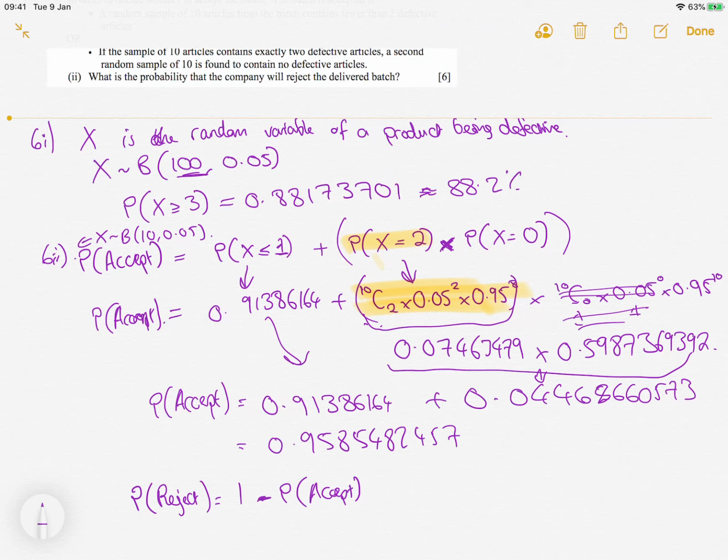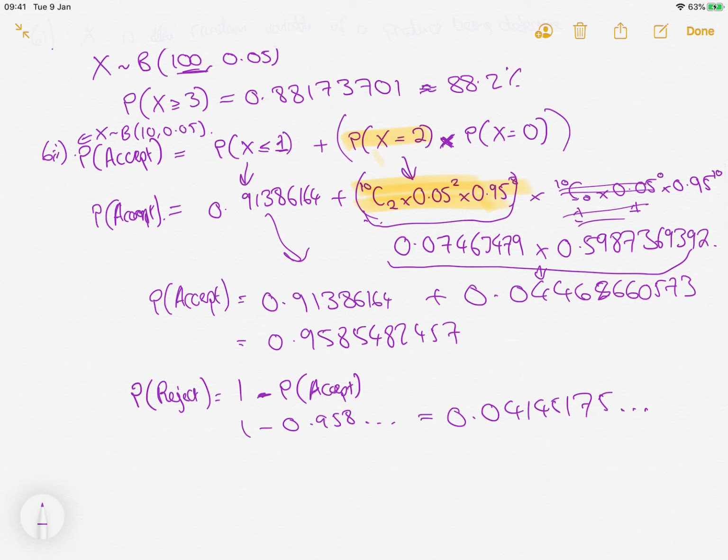Rejecting and accepting must be like the total, those probabilities add to 1, so it's 1 minus 0.958 and so on, and that in your calculator is 0.0414517 and so on. So the probability that they reject is about 4.15%, and that's just to 3 significant figures.